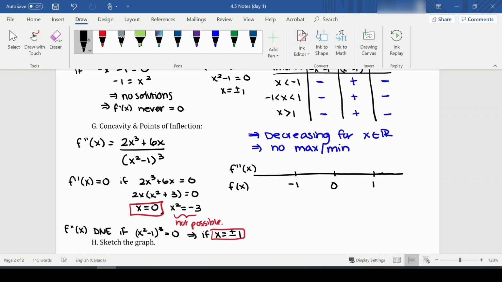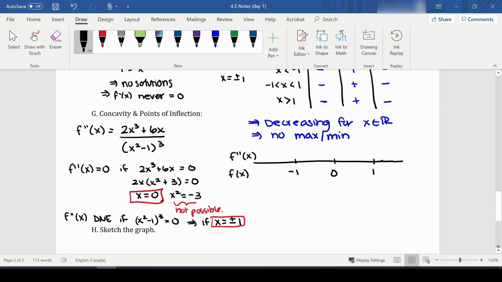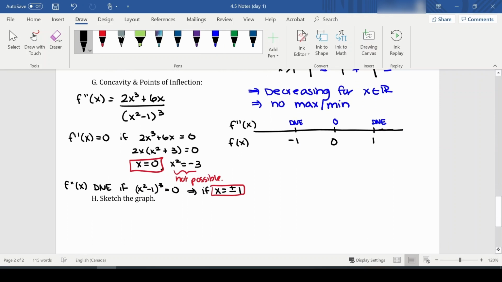And I'm going to want to see what happens to f of x as I go through this. So f double prime was 0 here and does not exist at -1 and 1. Again, if you found the chart helpful, you can do a chart for interval, numerator, denominator. This time we'd have f double prime.